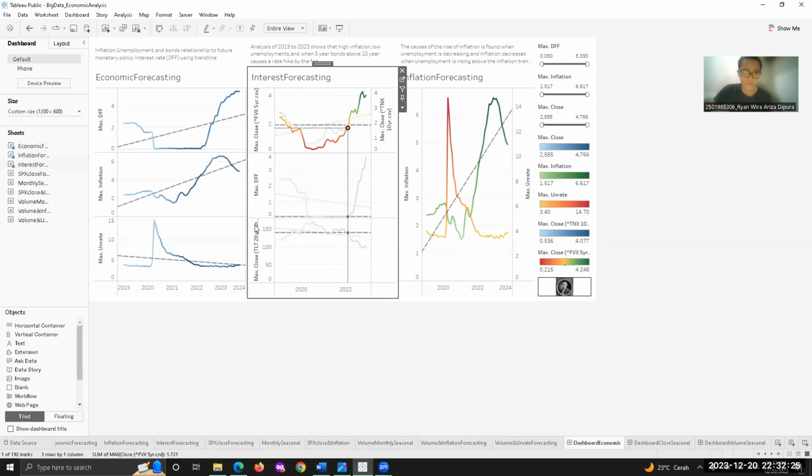And when the 20-year maturity crosses below the trend line, this happens because the low maturity yields, like the 5 years, 3 months, 1 year, cross above the higher maturity yields, like the 30 years, 20 years, 10 years.